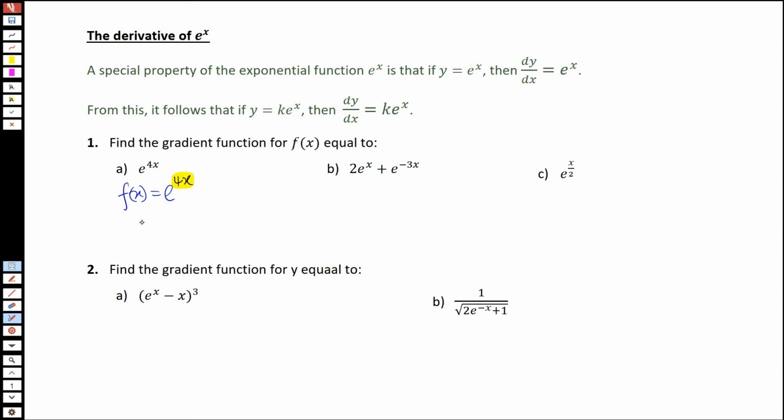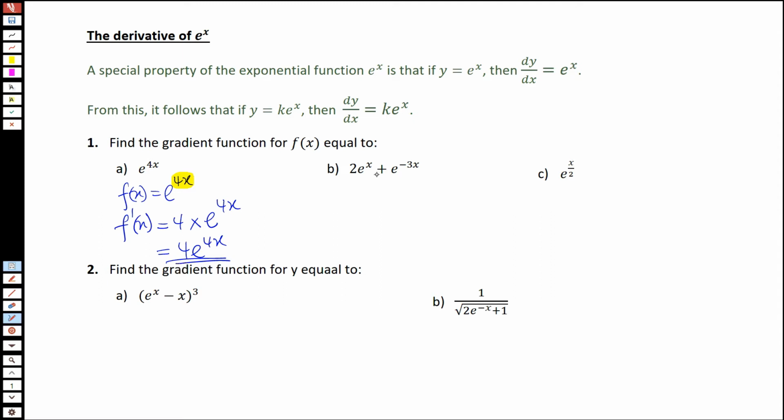So basically, the derivative of this function will be the derivative of the highlighted portion, which is just 4 multiplied by e to power u, and u happens to be 4x, and that will be our solution. So we can just rewrite it that way. So that's how you simplify composite functions involving exponentials.